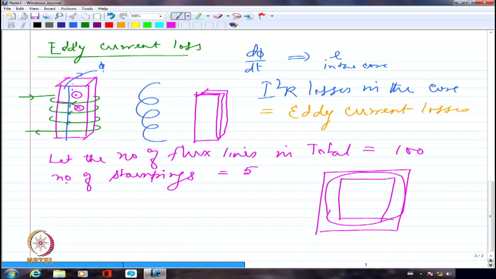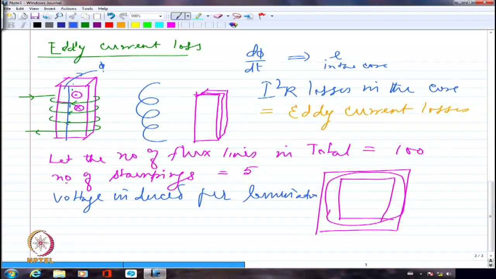So I am going to have the voltage induced per lamination equal to the voltage induced divided by 5. But overall I have increased the resistance because I have not given a thoroughfare for the current. So I have made sure that the current is somewhat interrupted.